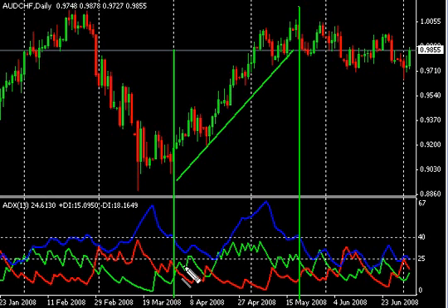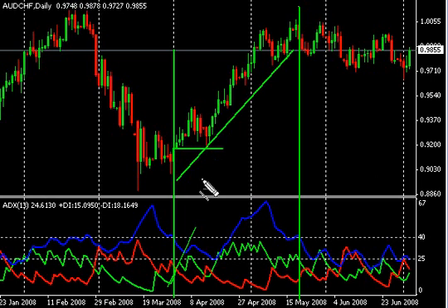Aggressive traders will take it when the plus DI and the minus DI, in this case the green and red lines, cross one another. They will take those as signals. So when the green line crosses the red line from below in an upward direction here, that would be their buy signal, and that would work out really well as a buy signal.